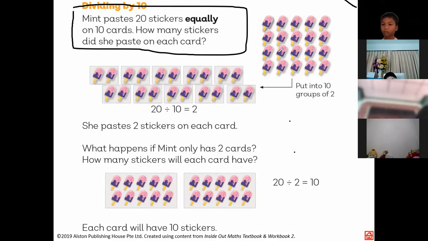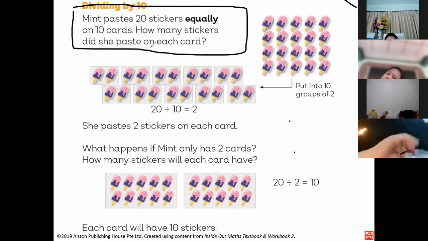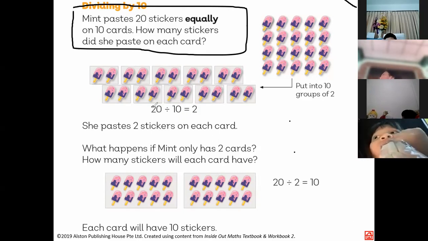So I'm gonna read one more time. Mint paste 20 stickers equally on 10 cards. How many stickers did she paste on each card? So all we have to do, class, is just to divide 20 by 10.